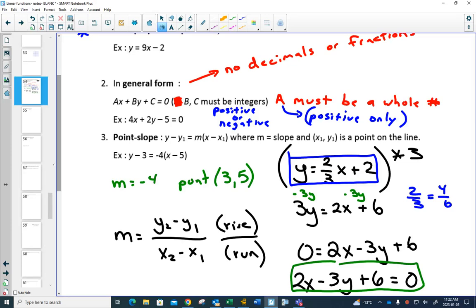And you can find the change in your y values by subtracting them. Like if you went from 8 to 3, 8 minus 3 would be 5. That would be your difference in your rise. And so you could always find your rise by subtracting y2 minus y1. And you could find your run by doing x2 minus x1.